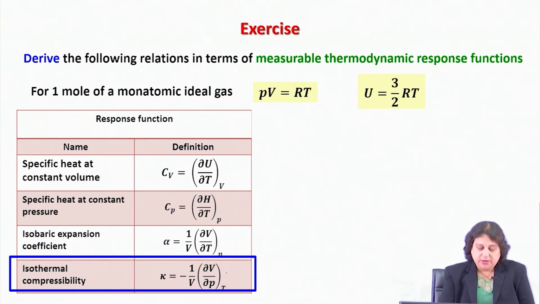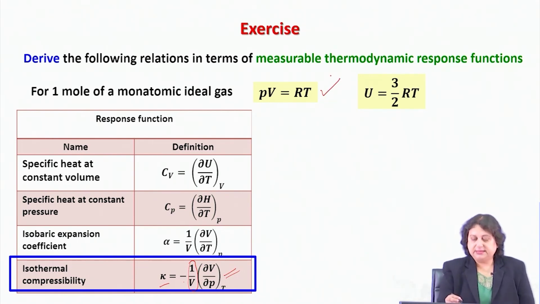I have to evaluate this partial derivative del V del P at constant T and then multiply it with 1 by V, add a negative sign, and the result would be my isothermal compressibility kappa. So once again, since I require some relationship between volume, pressure and temperature, where do I start from? I would start from the ideal gas equation of state.